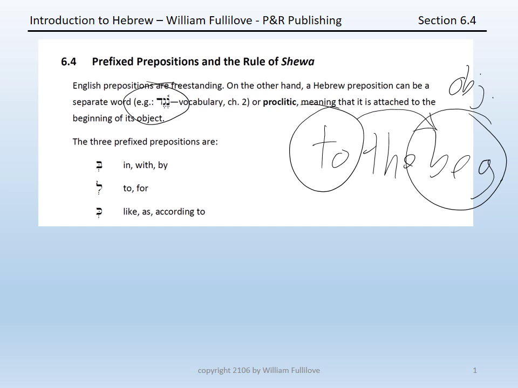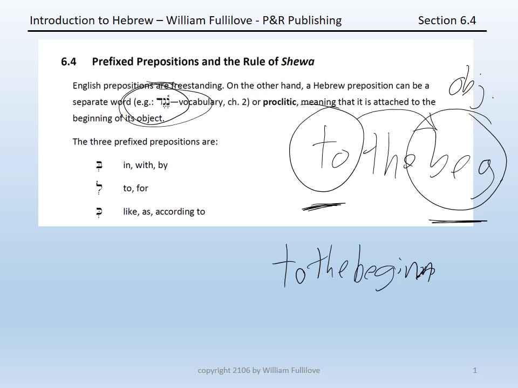So in English, "to" is a freestanding preposition, and "beginning" is its object. In Hebrew, the same thing could be true. Neged could be a freestanding preposition followed by its object. Or the proclitic prepositions would be as if you attached "to" directly to the beginning.